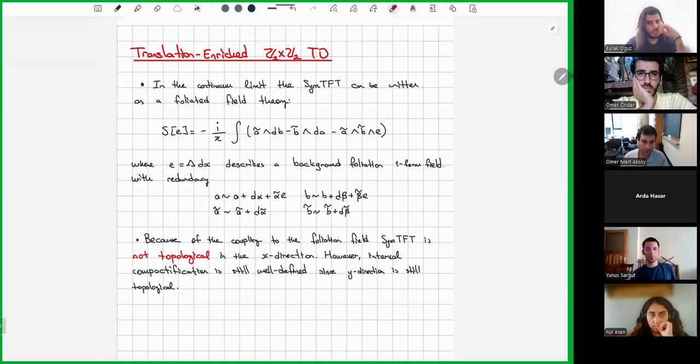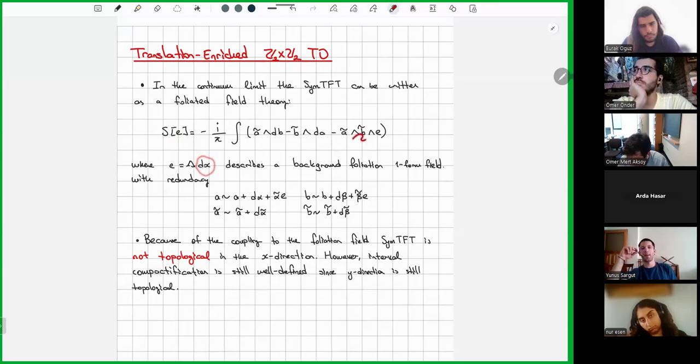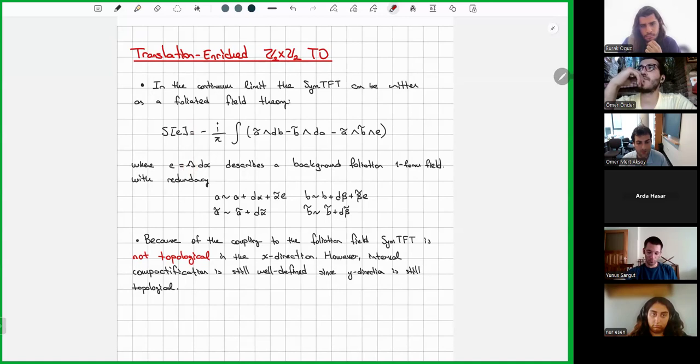Instead, it is topological in the time direction and y direction, but it's not topological in the x direction, because the action that you would get depends on some background E that knows something about the lattice. It is just dx, so this is the wedge product. So dx is the component there. And then there is this lambda, which has the units of inverse lattice spacing. So there's some UV cutoff.